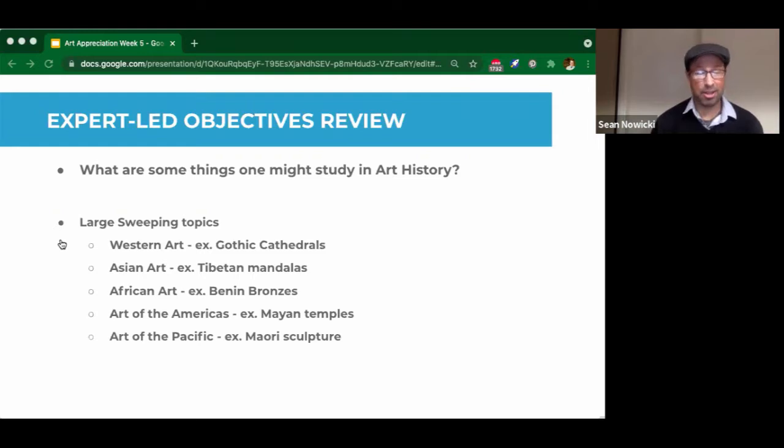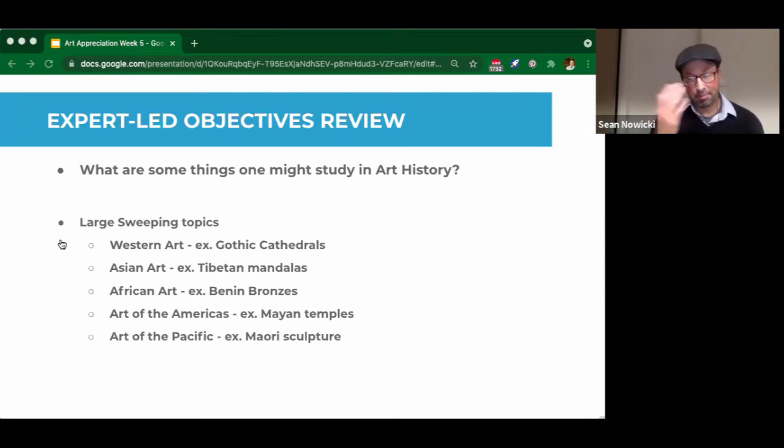And then you have Asian art, which encompasses basically everything east of Europe, including the Middle East, which sort of has its own kind of category, but also Pakistan, India, China, Japan, all the art that is east of Europe.